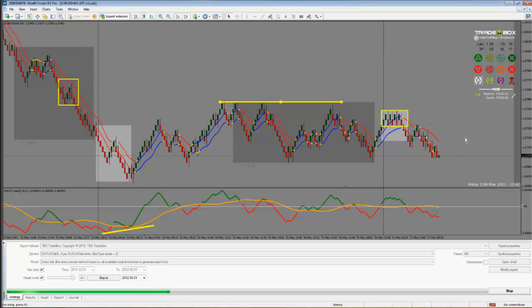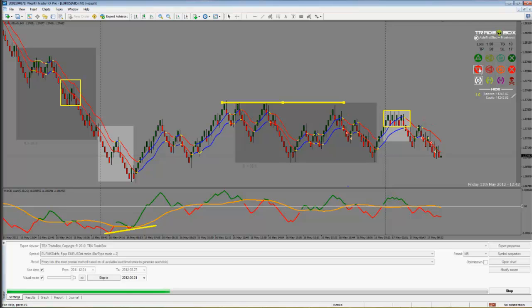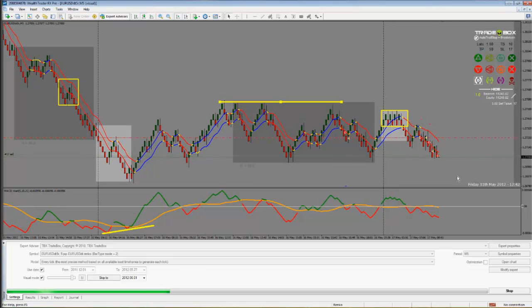Now, we've got a setup trade here on the low, right on this low. So as soon as it hits 10 pips, if it starts to break out, I'll take my profits and run. About there. So 2 to 3 bars.